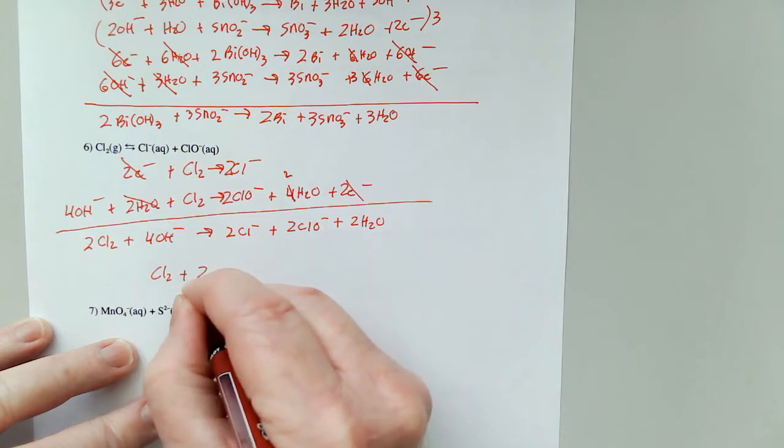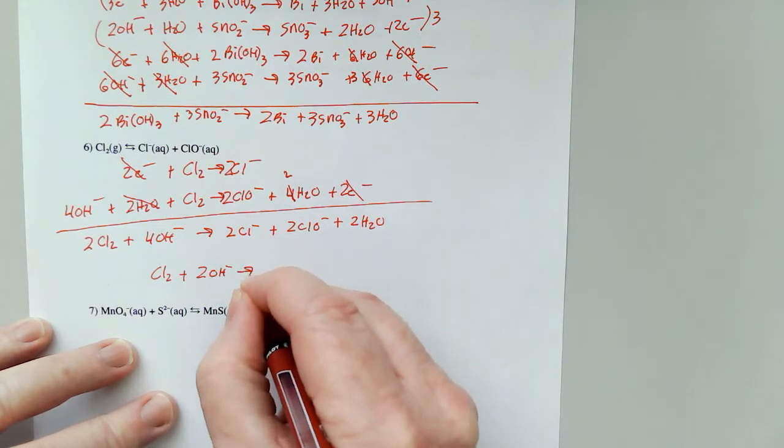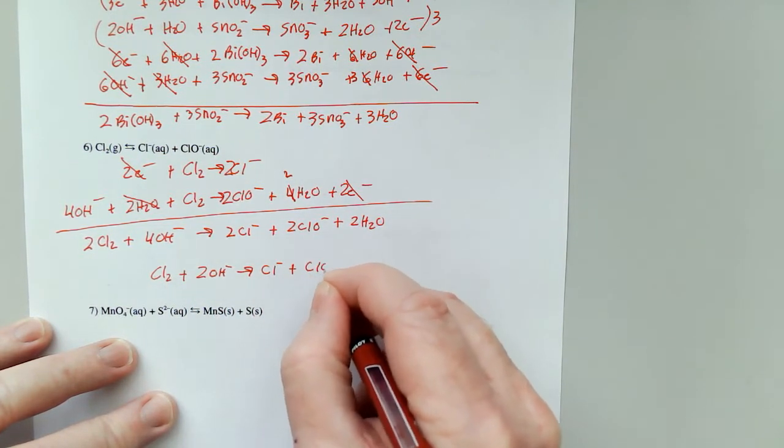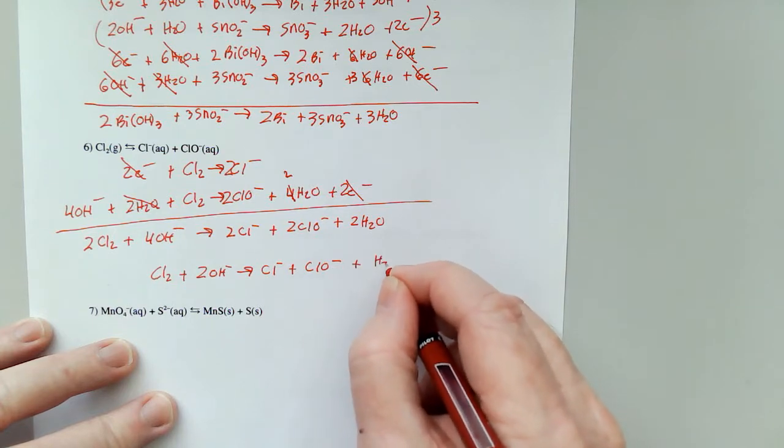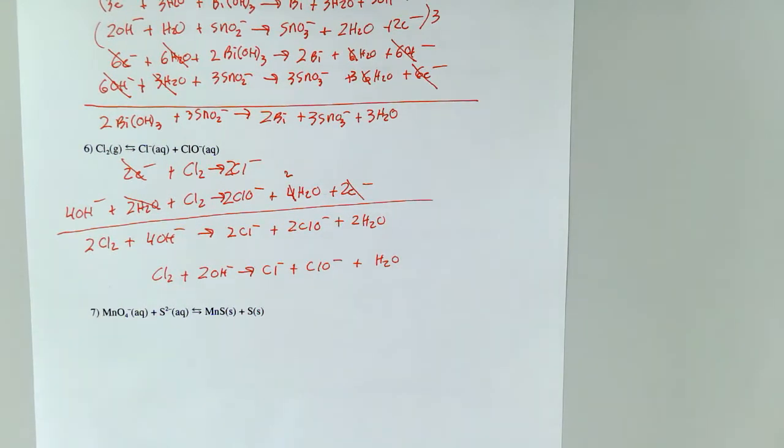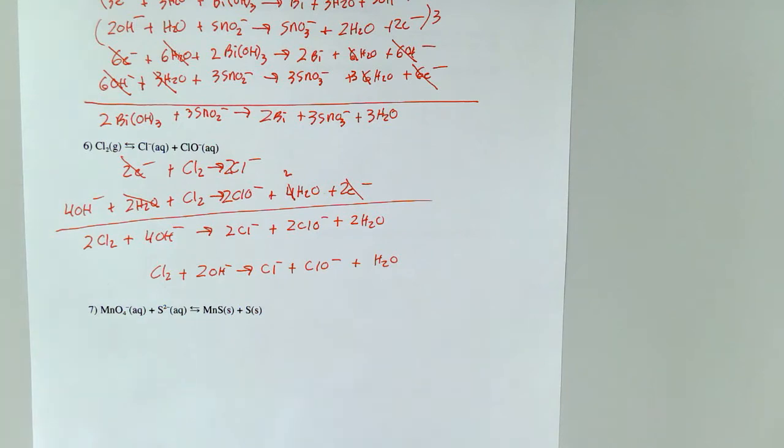Getting Cl2 plus 2 OH minus gives me Cl minus plus ClO minus plus an H2O. There we go, number 6.